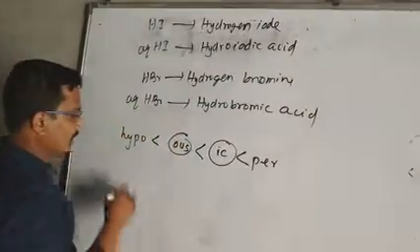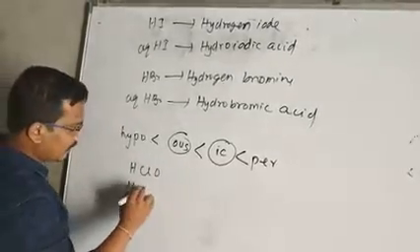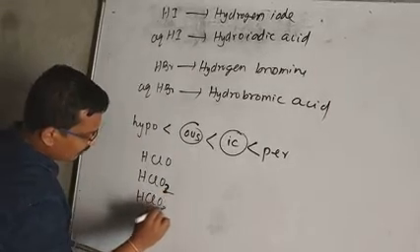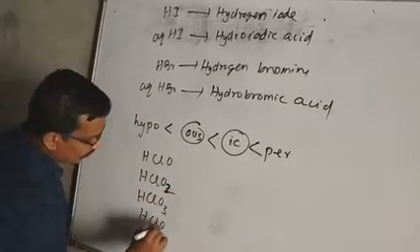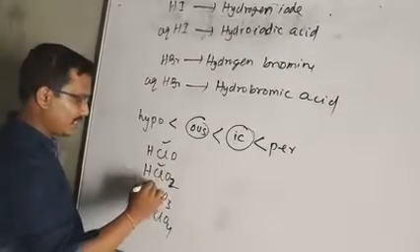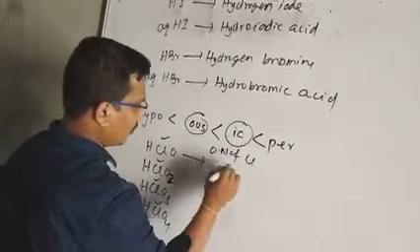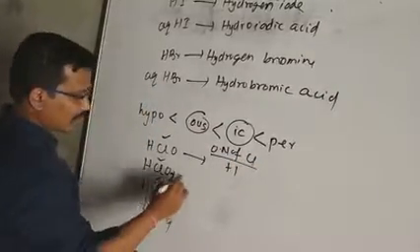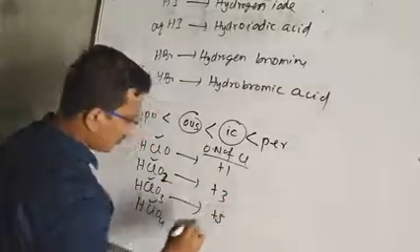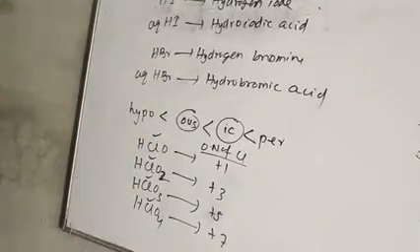Suppose you take an example: HClO, HClO2, HClO3, HClO4. In this case, the oxidation number of chlorine changes. Here the oxidation number of chlorine is +1, here +3, here +5, here +7.